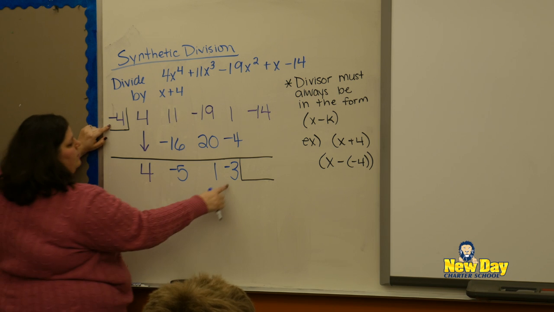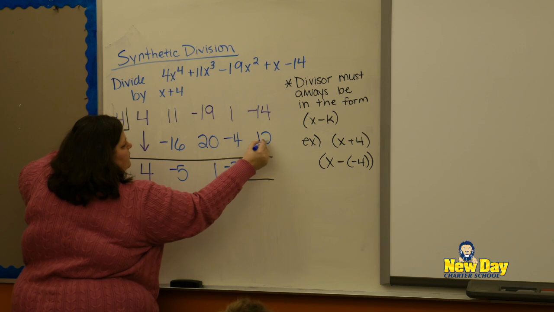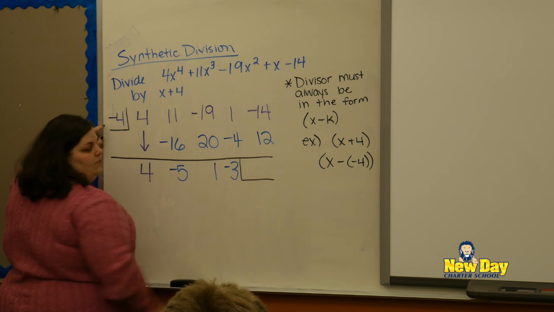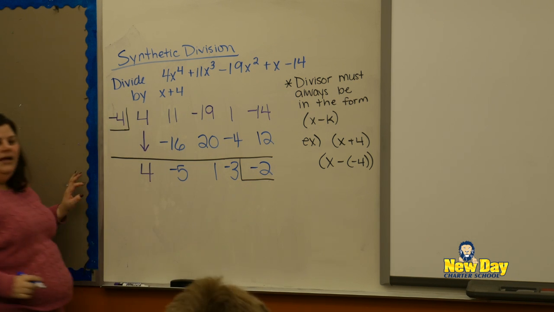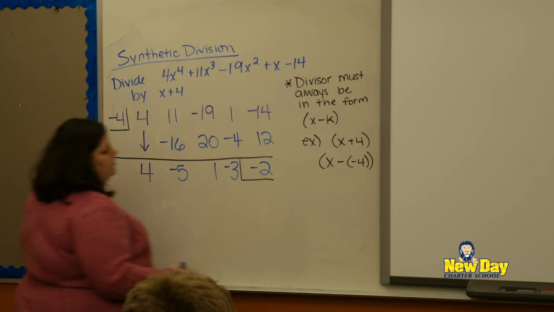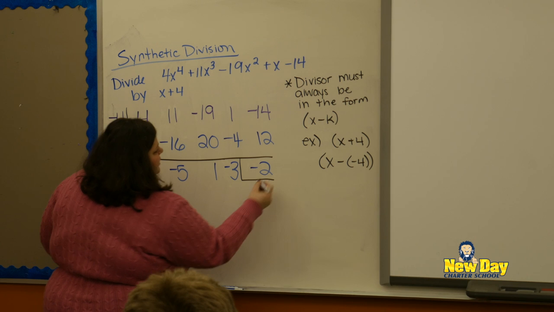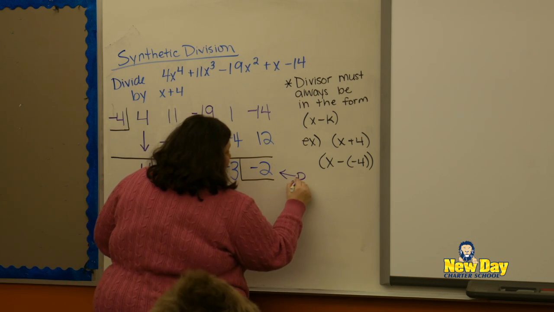Negative 4 times negative 3 is positive 12. And negative 14 plus 12 is negative 2. And that negative 2 is in a box for a reason. Whatever is in that box is what? That's your remainder.